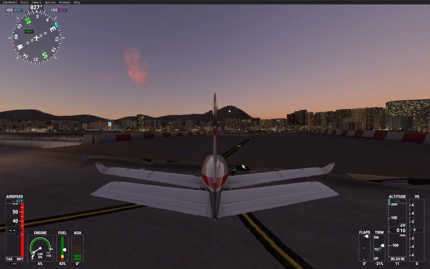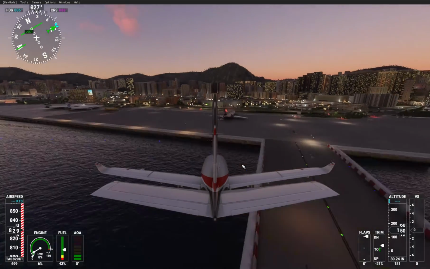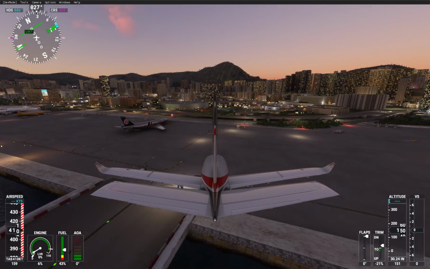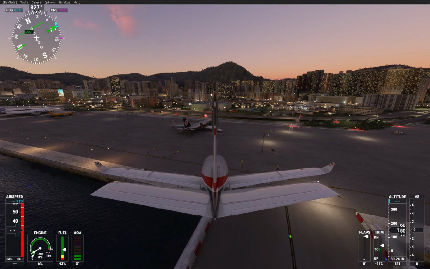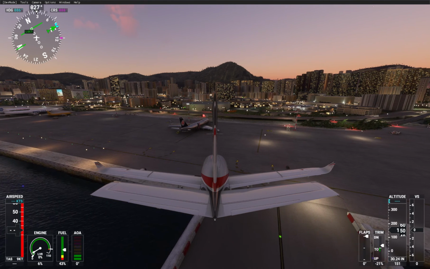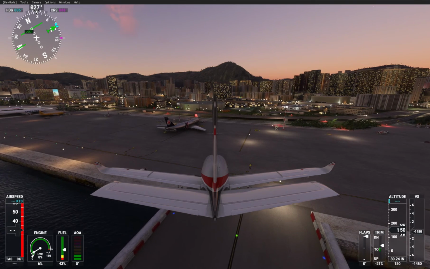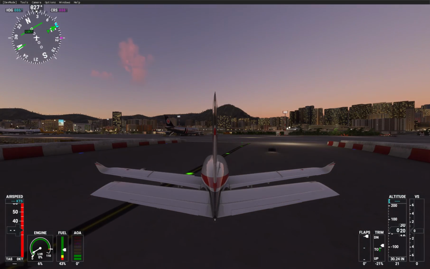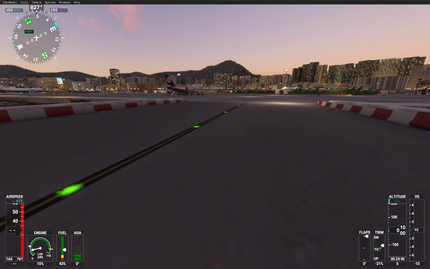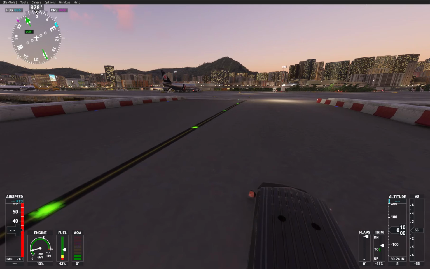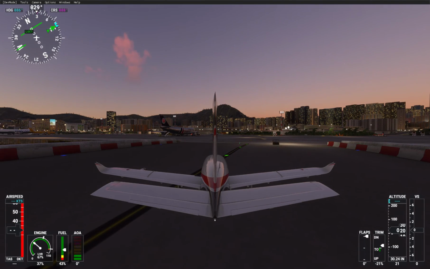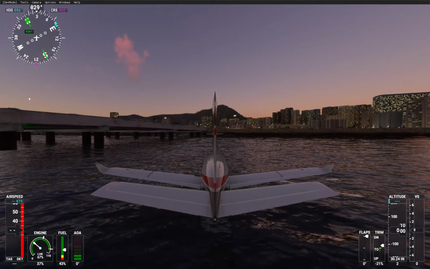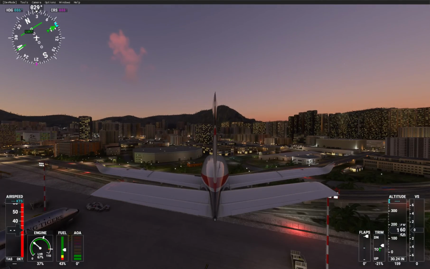Hard to get up that little lip, so I'll help myself. Doesn't appear to have any collision here. So sensitive, slow.